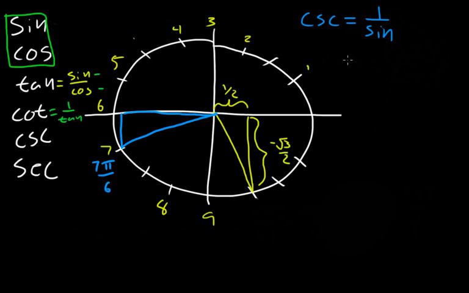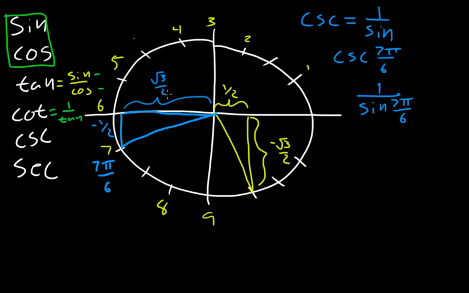So let's find the cosecant of 7 pi over 6. And this is pretty simple. It's 1 over the sine of 7 pi over 6. For 7 pi over 6, the y value over here is 1/2, but this is in the lower quadrant, so it's going to be negative 1/2, and the x value is this distance here, which is going to be square root 3 over 2.